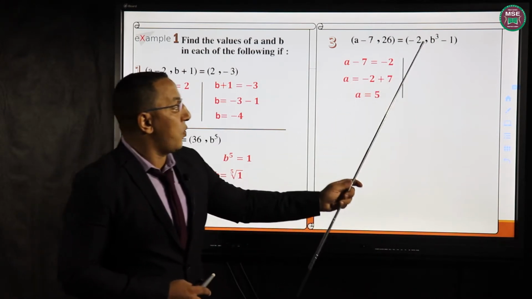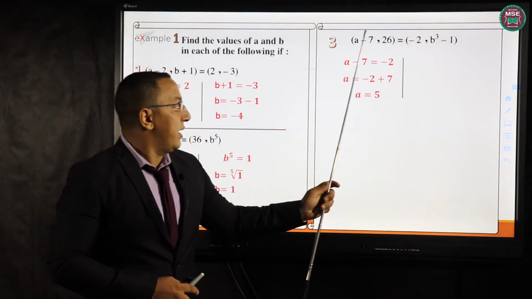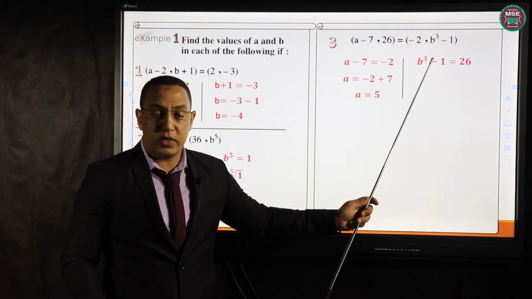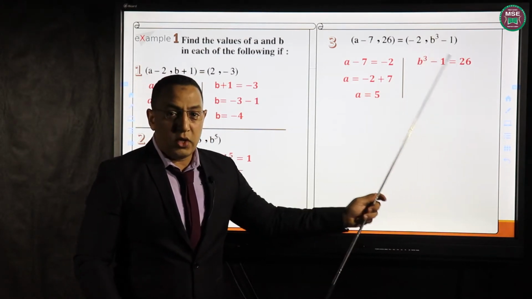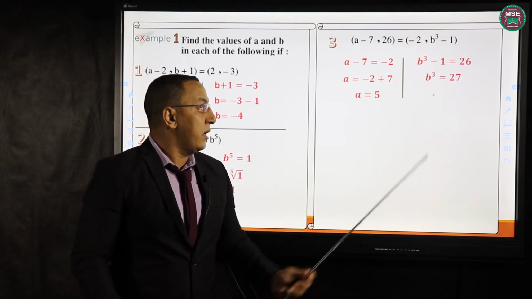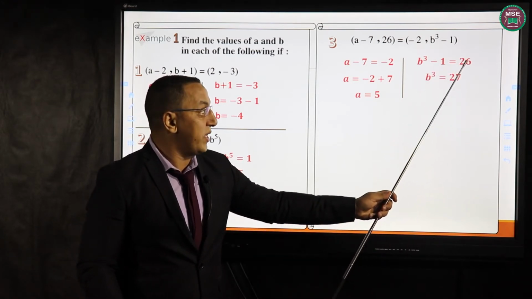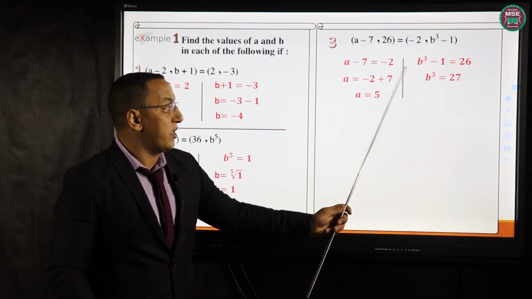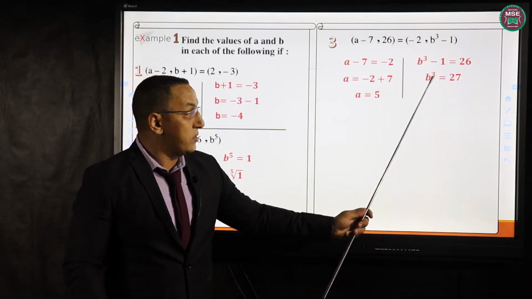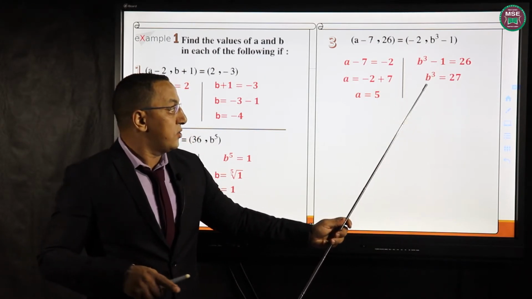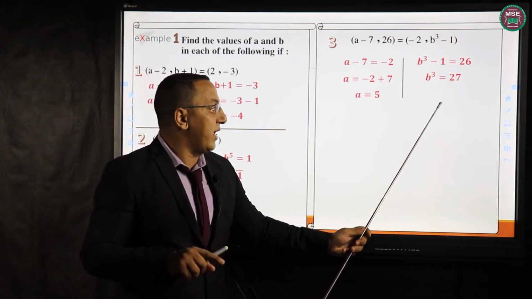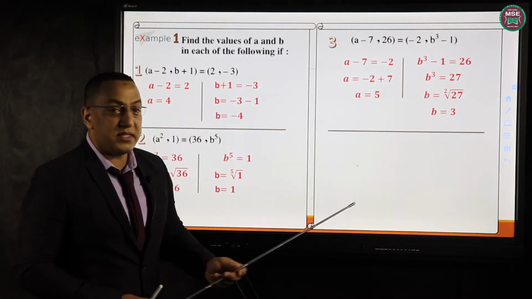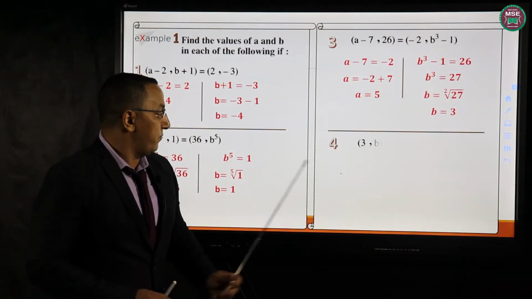And the other one, b^3 - 1 equals 26. I'm going to send the -1 to the right side. It will be b^3 equals 27, because 26 + 1 equals 27. Now I'm going to take the cubic root of both sides, and because power 3 is an odd power, it is just the cubic root without negative or positive. So b equals 3.